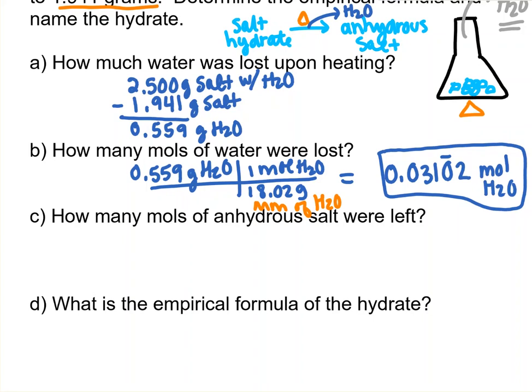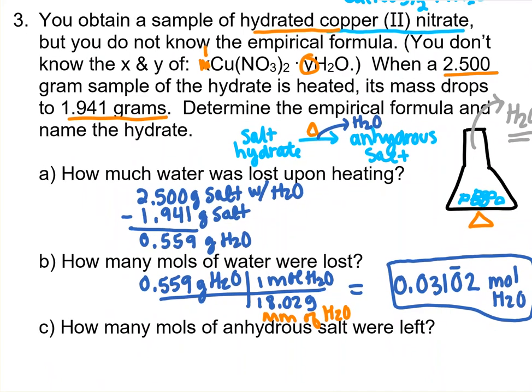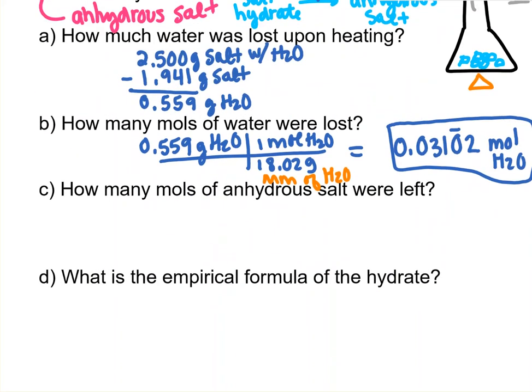How many moles of anhydrous salt were in there afterwards? So the anhydrous salt is this. It's the mass after heating.